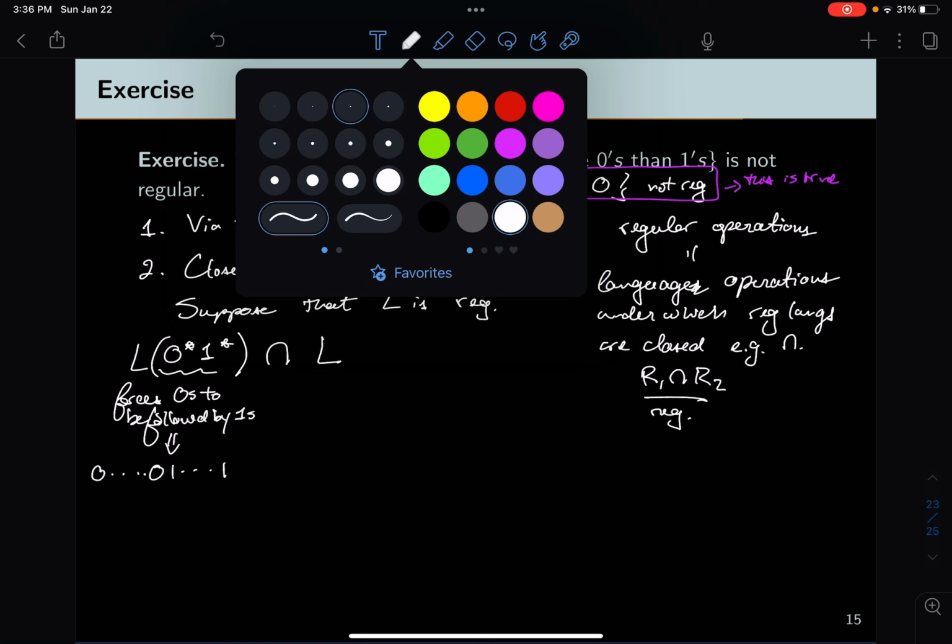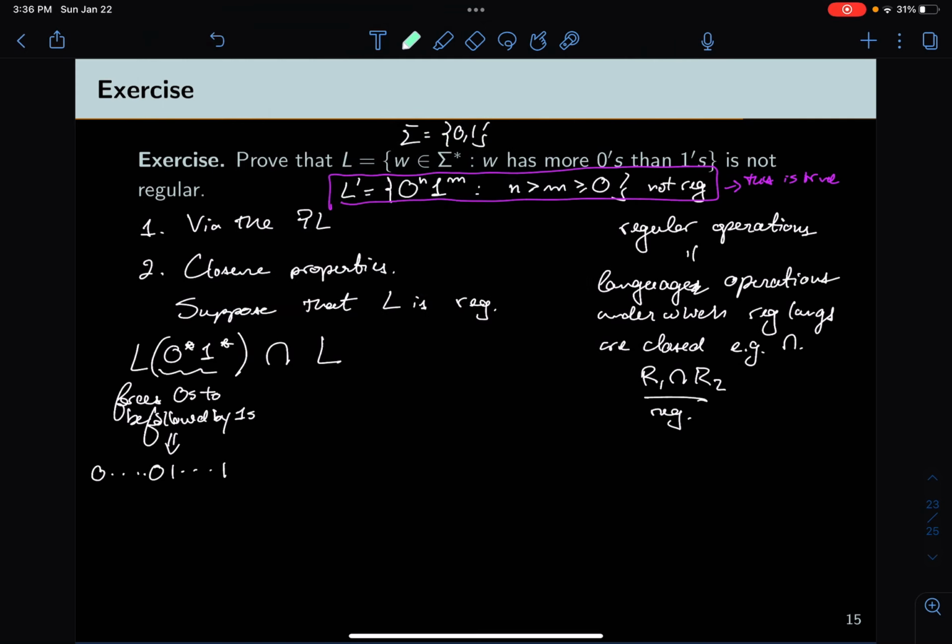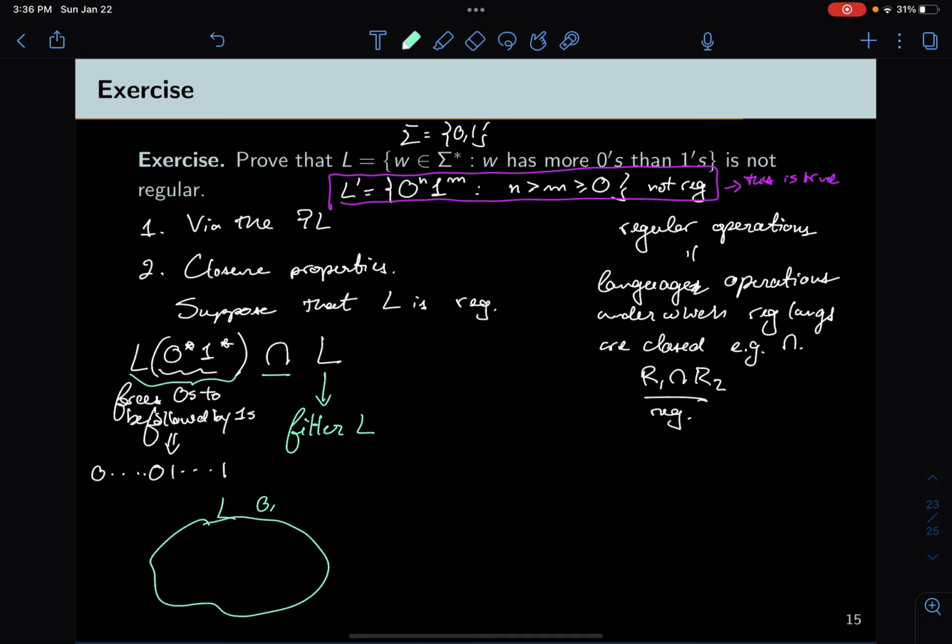What this intersection does is filter L. Imagine L is this big language over {0, 1}, where for any string in that language, the number of zeros is greater than the number of ones.